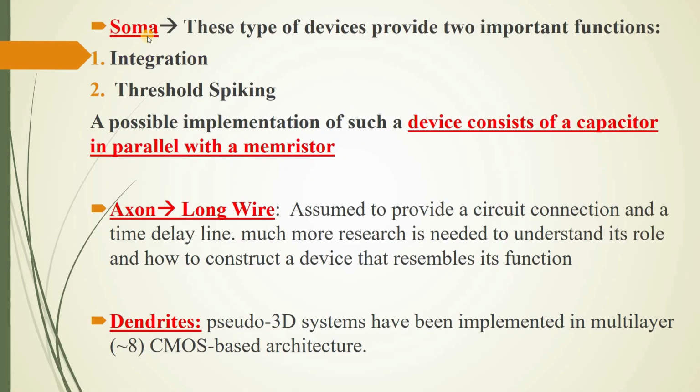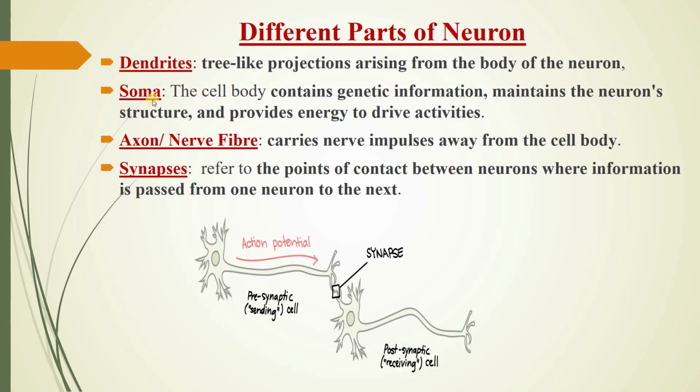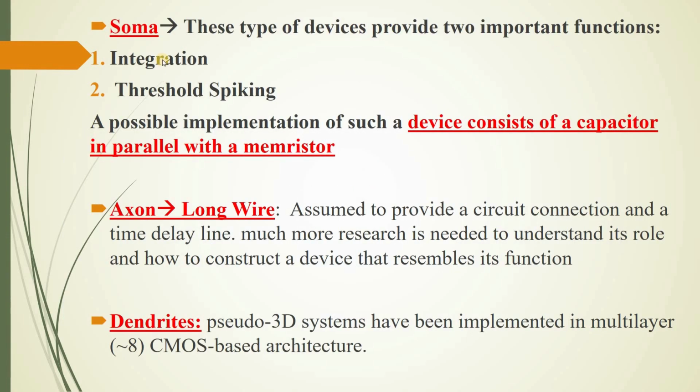That's it. So next one, soma. Soma is one of the parts of a neuron that I had already discussed. So see here, a device which consists of a capacitor in parallel with a memristor resembles the function of a soma, which is present in the neuron. This type of device provides two important functions: first one is integration and threshold spiking.